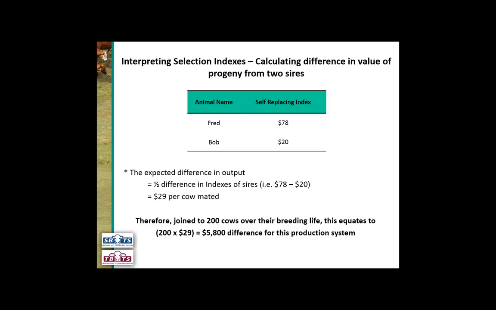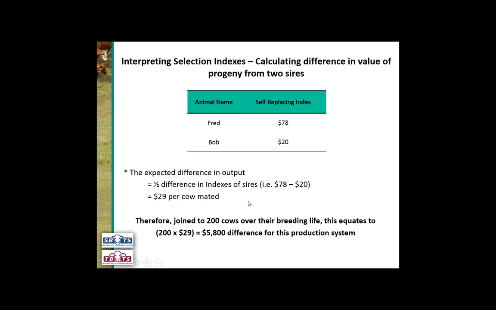So just as for EBVs, we expect half the difference to be expressed in the progeny. So in this case, the difference between these two sires is $58. Divide by 2, it's $29 per cow mated.